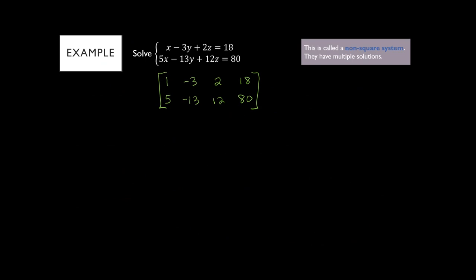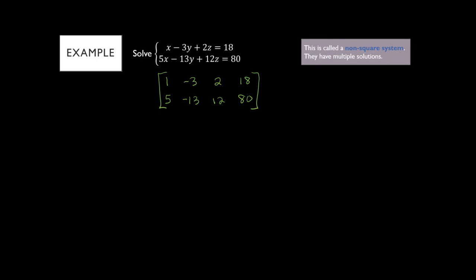If it literally just forms a square, those I shouldn't say always have, there are situations where you could have no solution or infinite solutions, but generally we'll have one solution. Non-square systems always have multiple solutions because you don't have enough information to get all three variables. So not enough information, you're guaranteed to have multiple solutions.